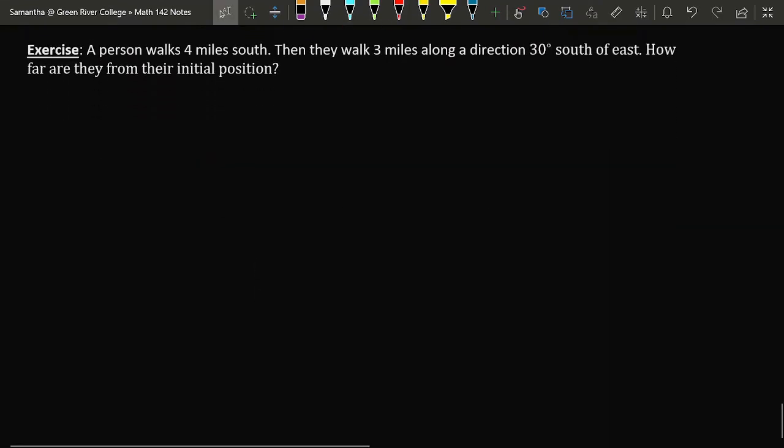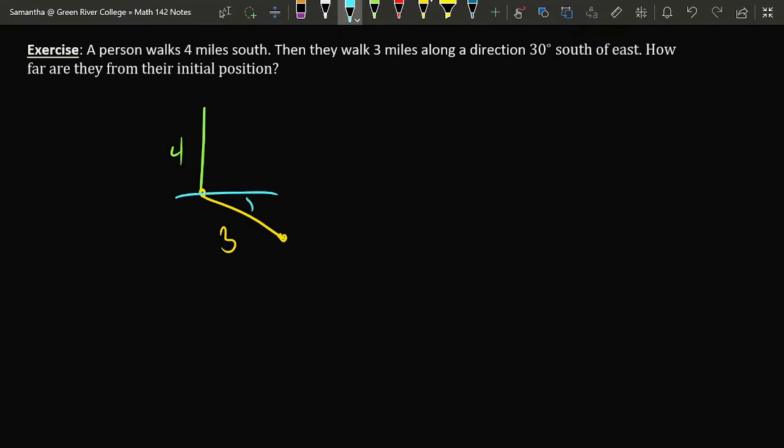Okay, to conclude this video and to conclude our discussion of non-right triangles, let's go back to that exercise that we gave at the beginning of video 18. Where we have somebody who walks 4 miles directly south, and then from this position walks 3 miles along a direction which is 30 degrees south of east.